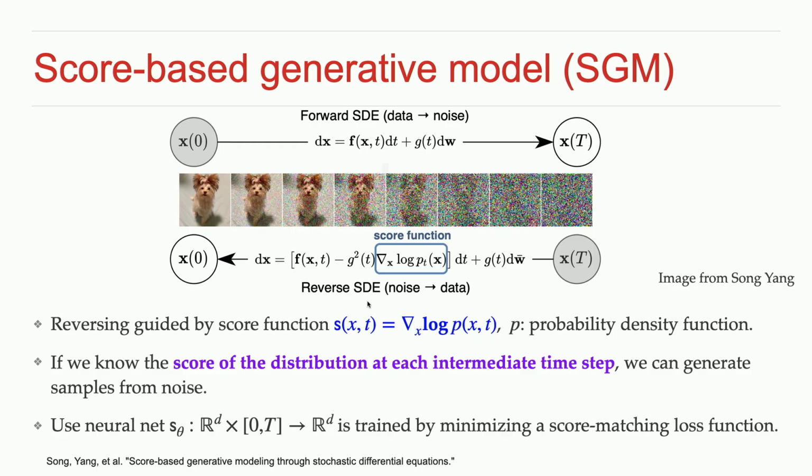This drift term, highlighted here, is referred to as the score function, which is the gradient of the log of the probability density of the data set.